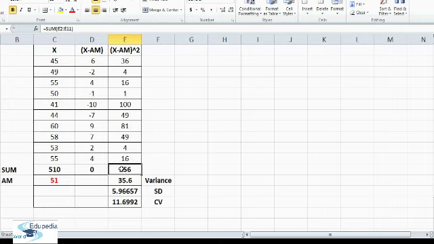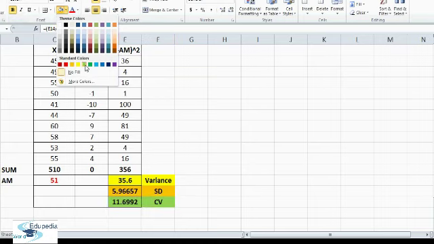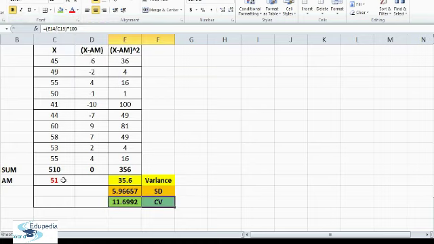We sum the square of the deviation from the actual mean, and then we divide that by n, the total number of data. What we get is the variance, and then taking the positive square root of this variance, we get standard deviation. And finally, to find the coefficient of variation, we take the standard deviation, divide it by the arithmetic mean and multiply it by 100. So here we have, very simple.